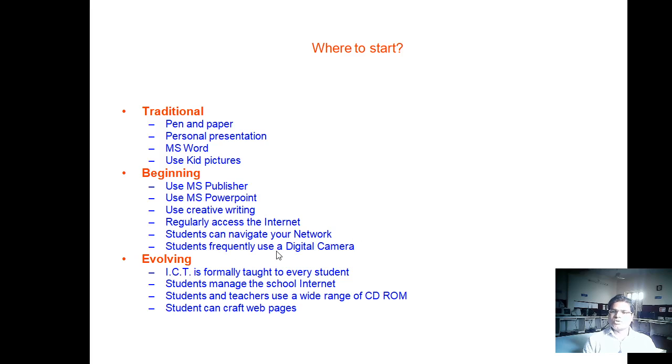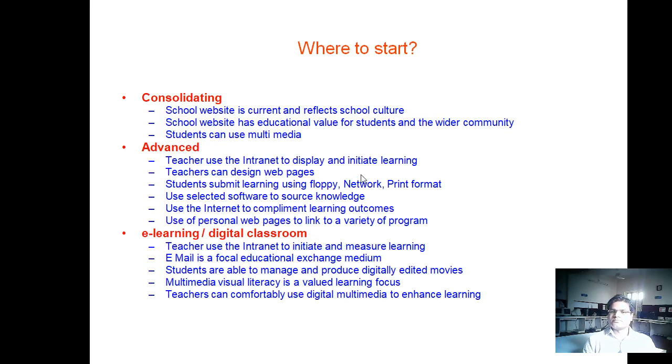Students frequently use a digital camera. ICT is formally taught to every student. Students manage the school internet. Students and teachers use a wide range of CD-ROMs. And students can craft web pages. These are about the consolidation, advanced and e-learning digital classroom.